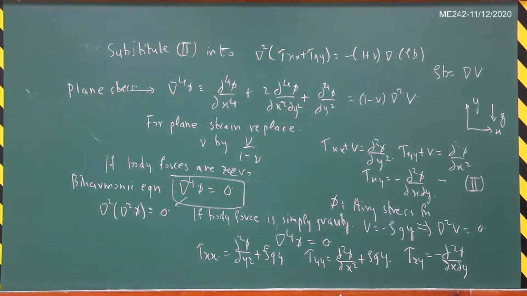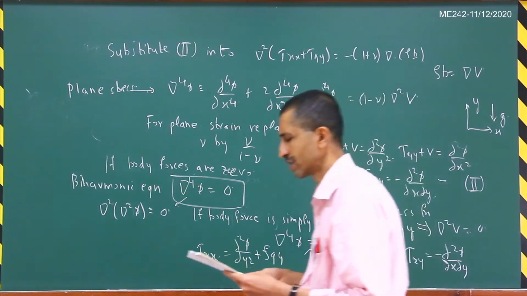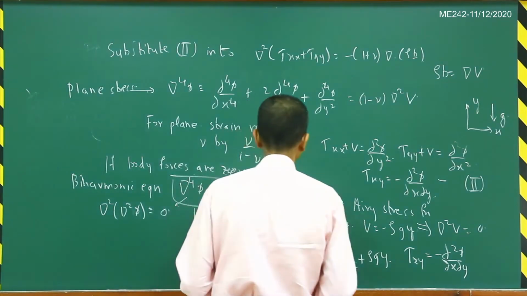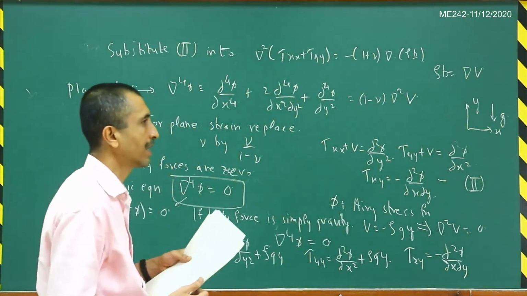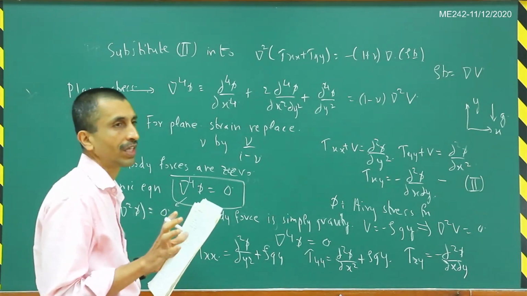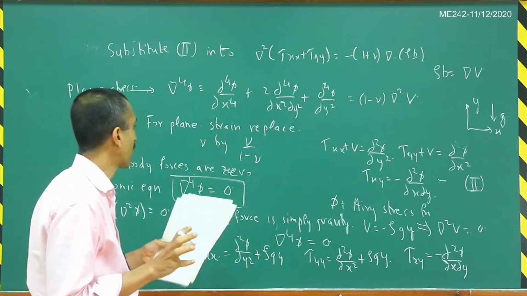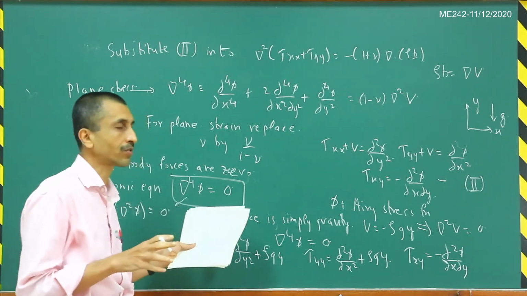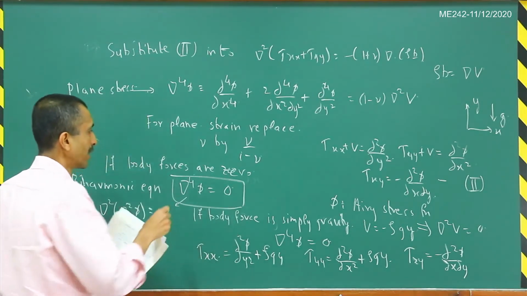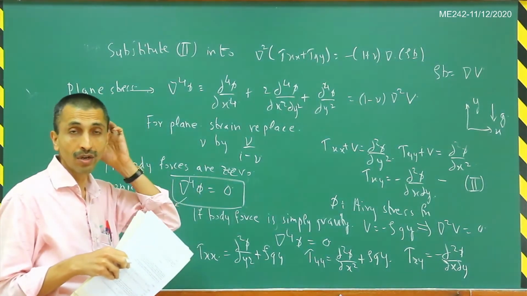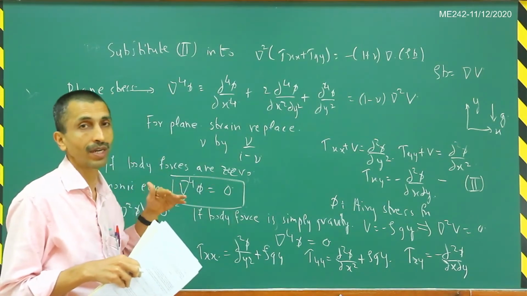Let's see. Yes, so let us look at now how to solve certain problems using this Airy stress function approach. Okay, so let me just summarize this. Basically, what we have done is that using a combination of equilibrium and compatibility relations, we have come up with a stress function phi, which has the governing equation del raised to 4 phi equal to 0, and if this equation is satisfied, then automatically your equations of equilibrium and compatibility are satisfied.